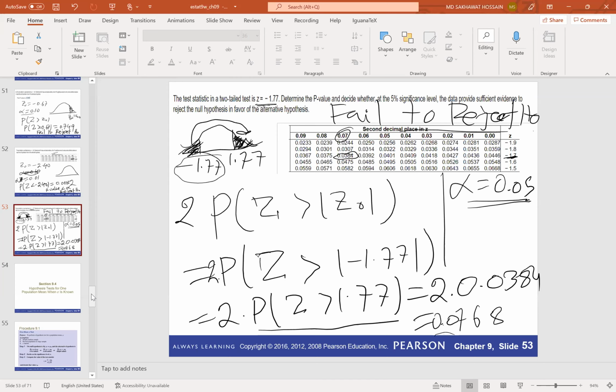They are actually doing the same thing, and based on these two approaches, we'll have exactly the same decision. The only difference is that in the p-value approach, we calculate the p-value and compare it with the alpha value. In the critical value approach, we do not calculate the p-value. We calculate the critical value and the test statistic, and we compare these two values.